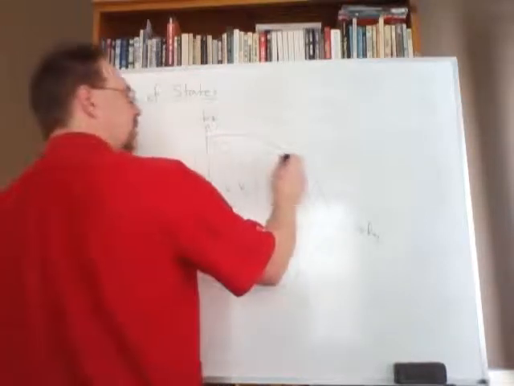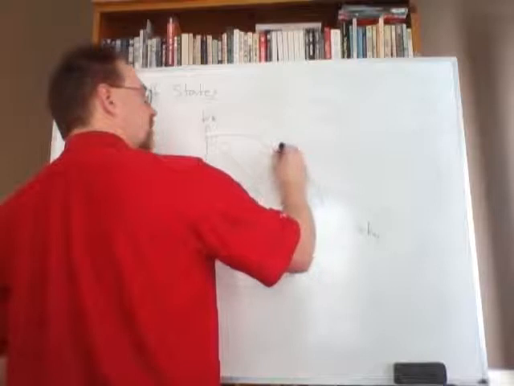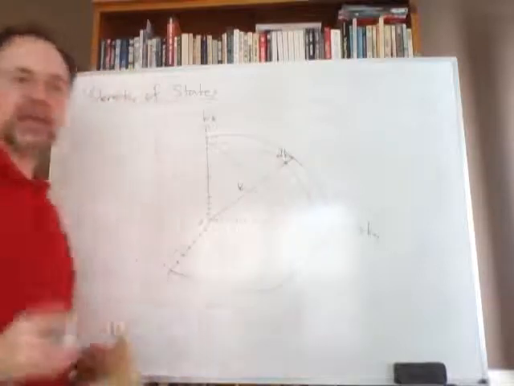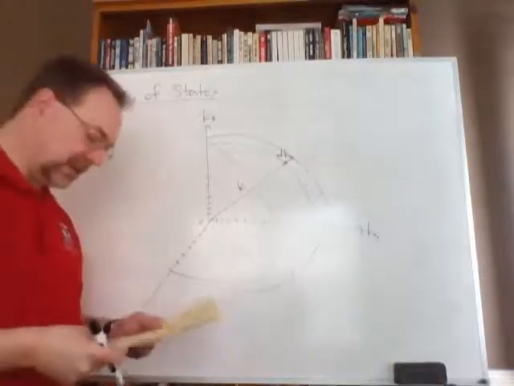So we go from one sphere out to another sphere with a distance dk. So we have a shell in k space.